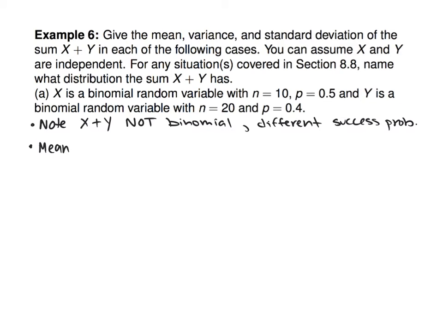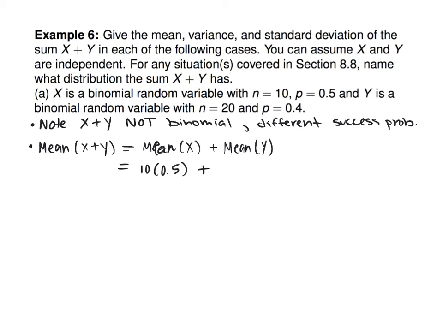So first, the mean of x plus y. We're told that's the mean of x plus the mean of y. Well, these are both binomial. So the first one's mean is np, so 10 times 0.5.